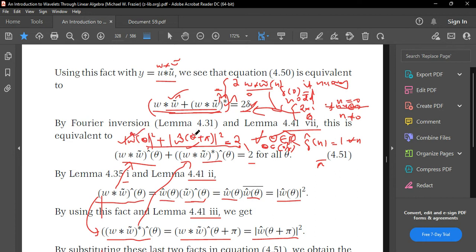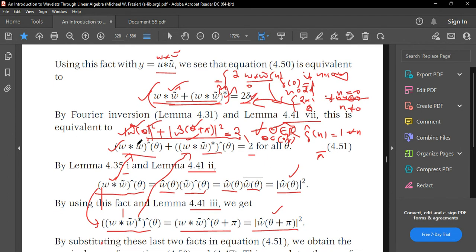What is this quantity and this quantity? This quantity is equal to this one, and this quantity is equal to this one. So from both these facts we can write this equation by Fourier inversion. This cap will be gone, and we will get this quantity.